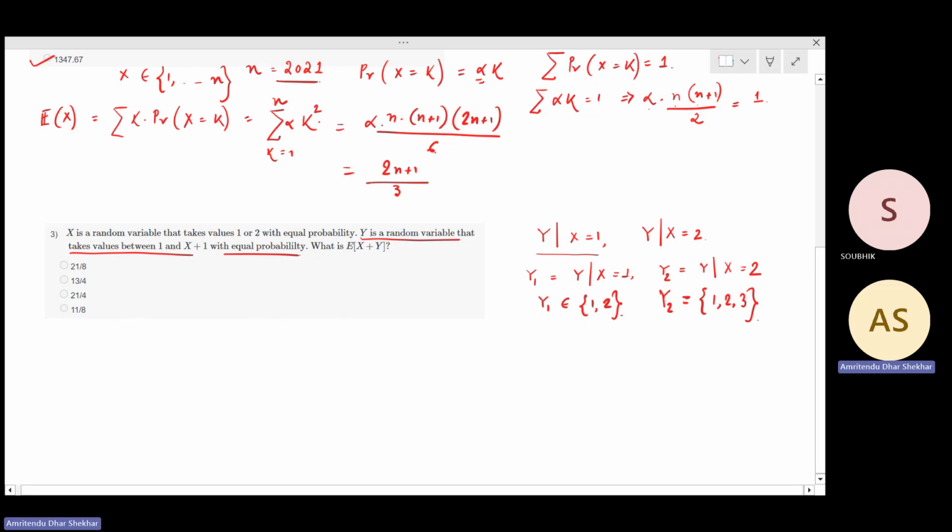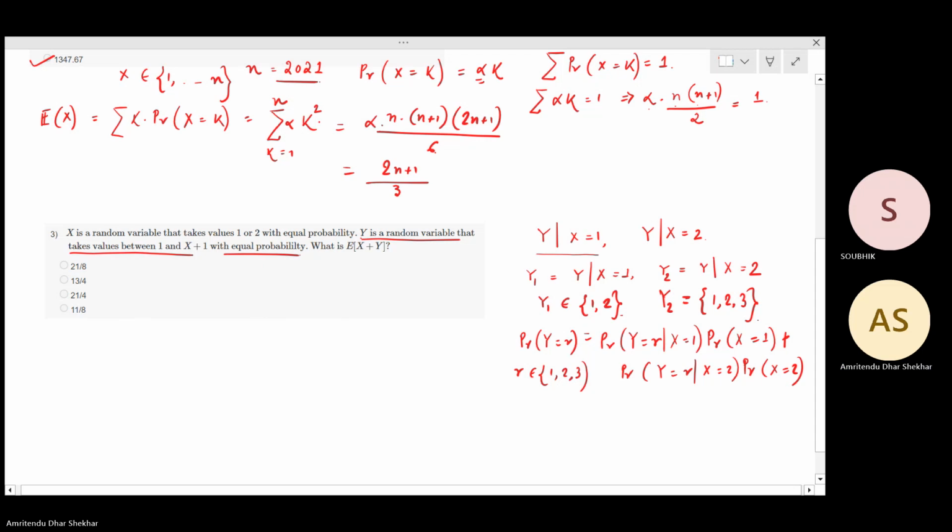So from this we can figure out the distribution of y. The probability of y being equal to some r, where r is 1, 2, and 3, equals the probability of y equals r given x equals 1 times the probability of x equals 1, plus the probability of y equals r given x equals 2 times the probability of x equals 2.